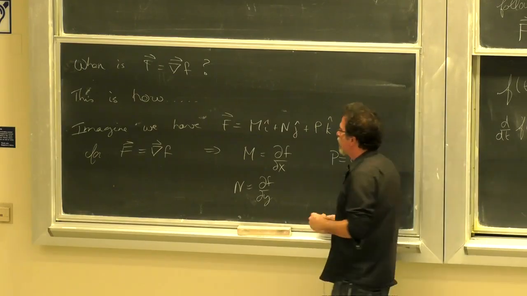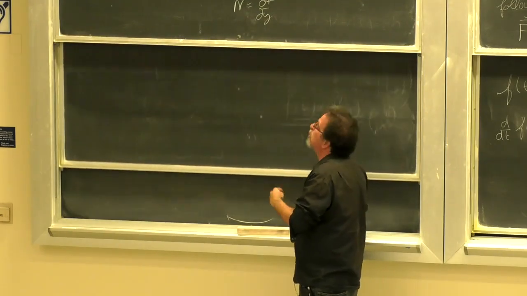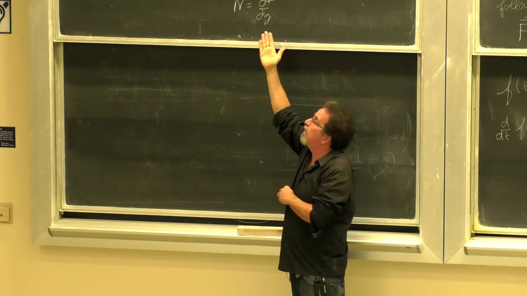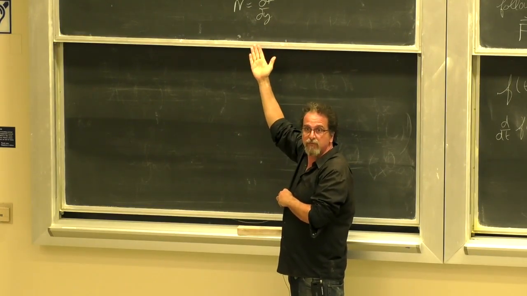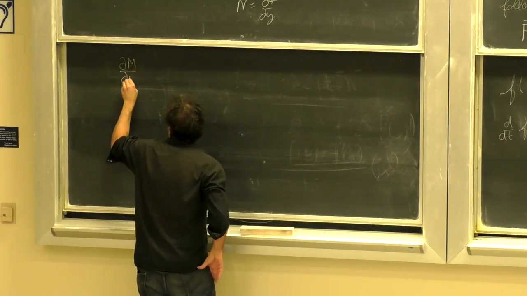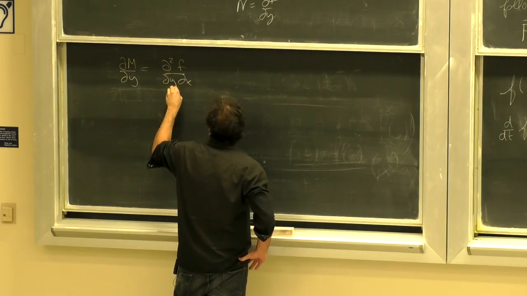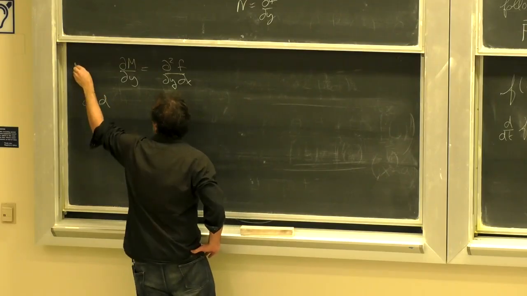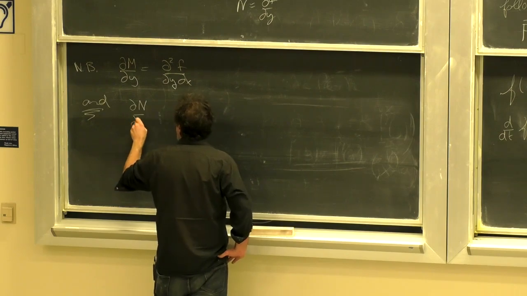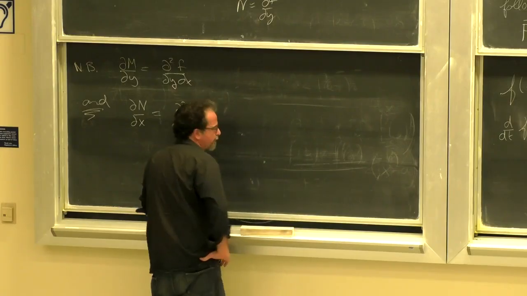Okay? And how are they related to one another? Well, it's almost screaming at you. Look, if you take the y derivative of the m equation and the x derivative of the n equation, let's see what we get. dm dy is equal to d squared f dx dy, and dn dx is equal to d squared f dy dx.